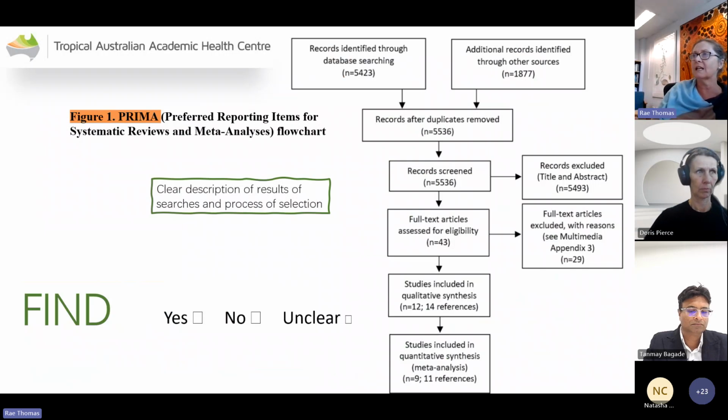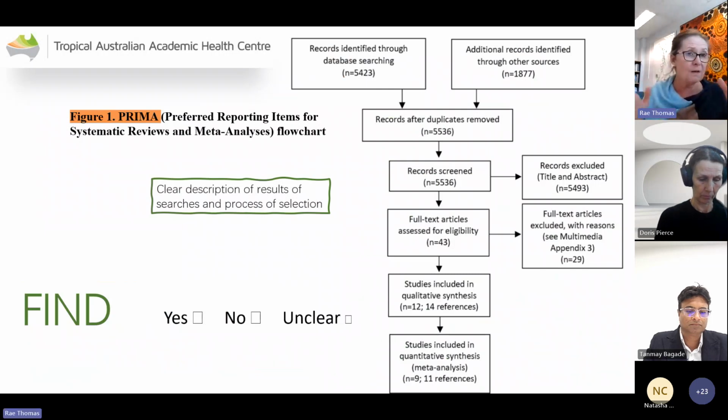So you can see down the end that they've included some studies in qualitative synthesis. They've got 12 studies using 14 references. And at the bottom, you can see in the quantitative synthesis, in the meta-analysis, they've included 9 studies with 11 references. But you can see that they started off with around about 7,000 to screen. Okay? So that was in the results section.